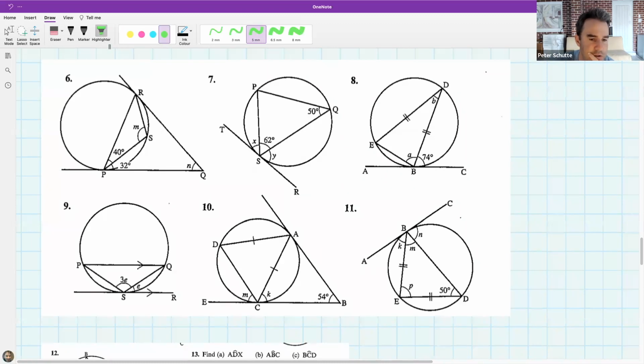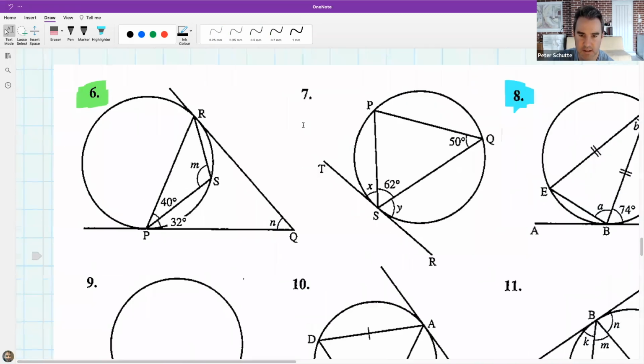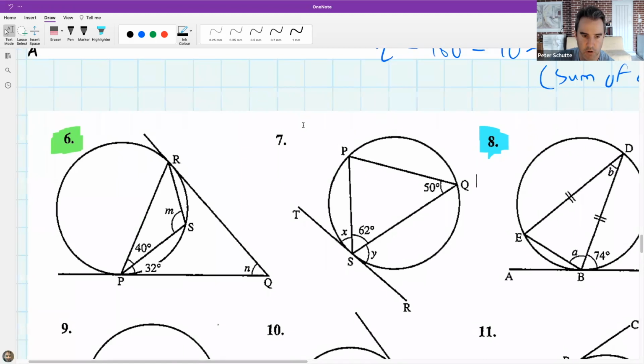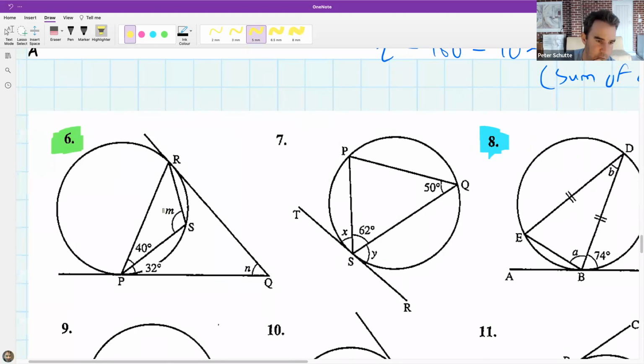Let us do number 6, and I want you to do number 8. Let's start with that one. Let's make that nice and big. Over to you. I want you to find the value of m and the value of n in that one. And in this one, you have to find the value of a and the value of b.